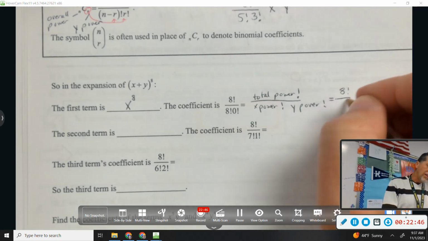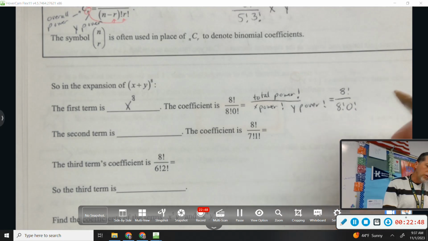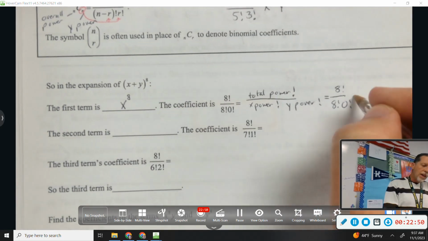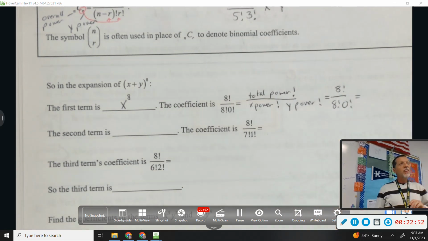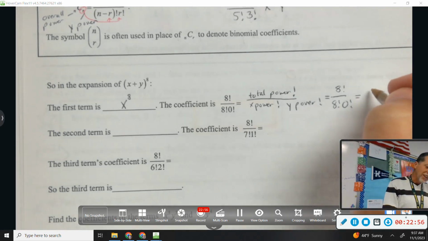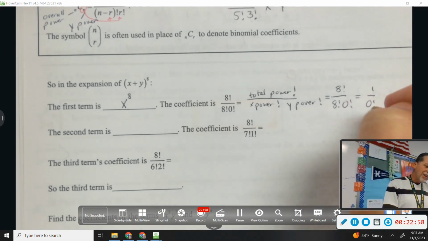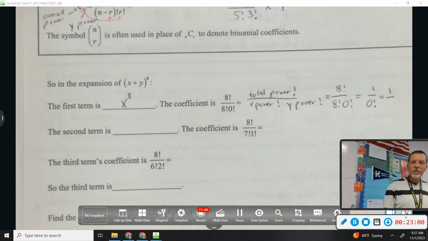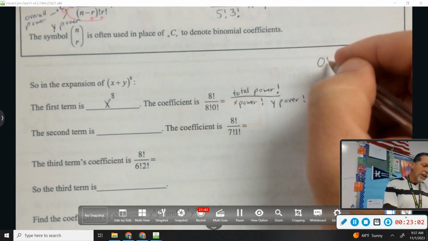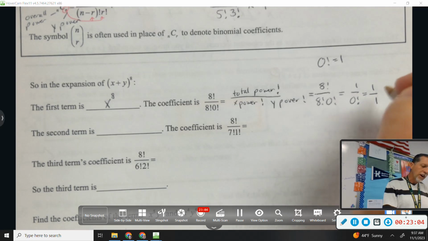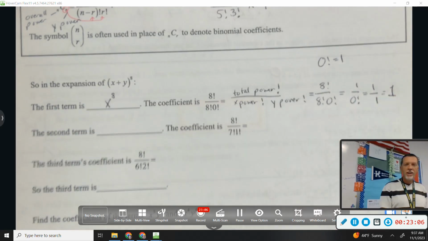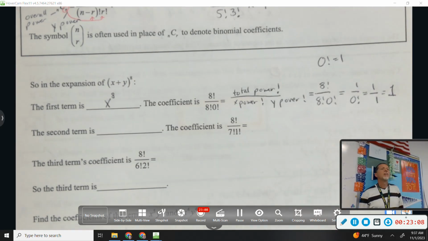And then this one's kind of dumb, because you already knew it's 1. 8 factorial over 8 factorial. Even if you don't know what 8 factorial is, you know that those cancel to 1. And do you remember what 0 factorial was defined to be? 1. And this is why 0 factorial is defined to be 1, so that this rule works for the first term.